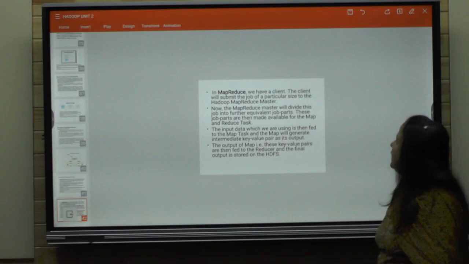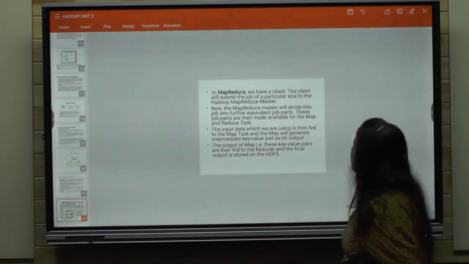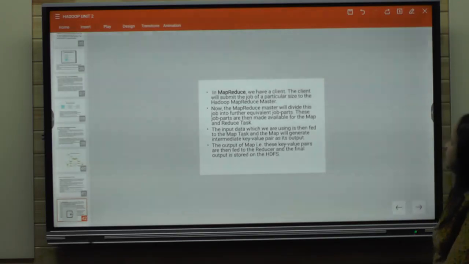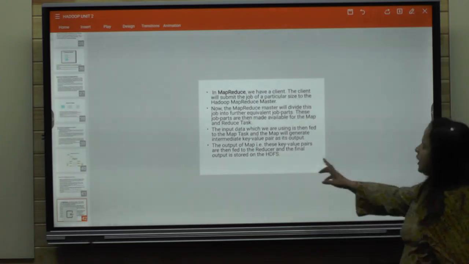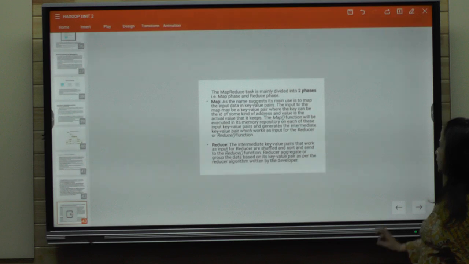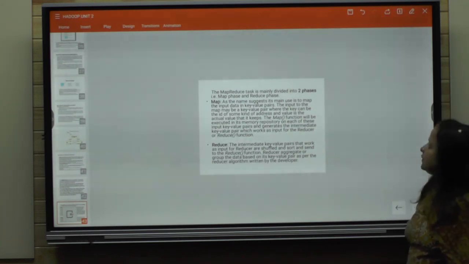In MapReduce we have a client. The client will submit the job to the Hadoop MapReduce master. Now the Hadoop MapReduce master will divide it, the output of the map key value is then fed to the reducer, and the final output is stored in the HDFS.